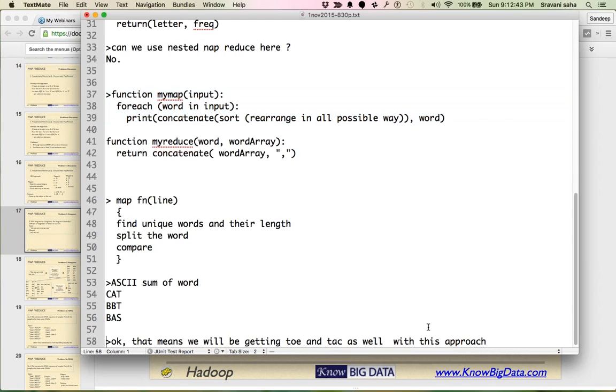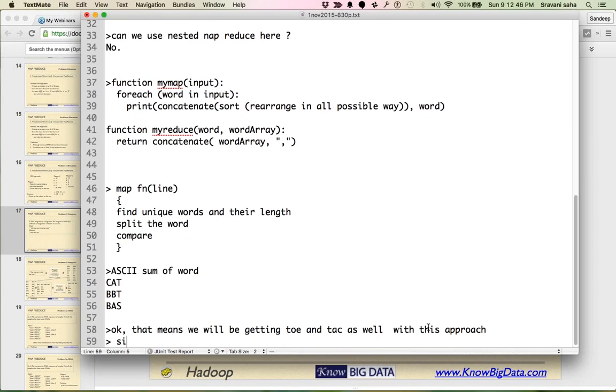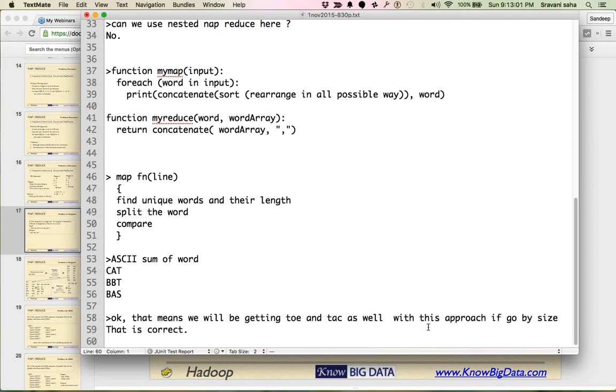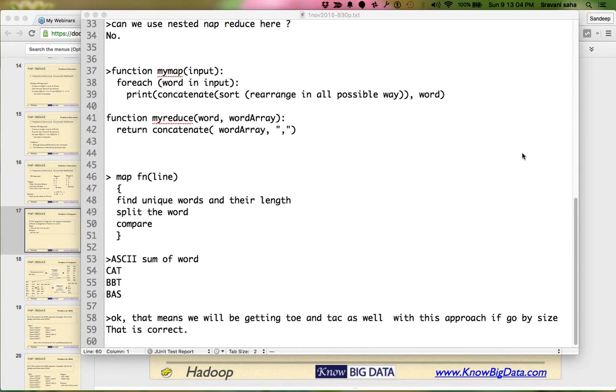Yes, yes, that's correct. So he was talking about the size one. If we go by size, yes, that's correct, because toe and tack both have the same size.